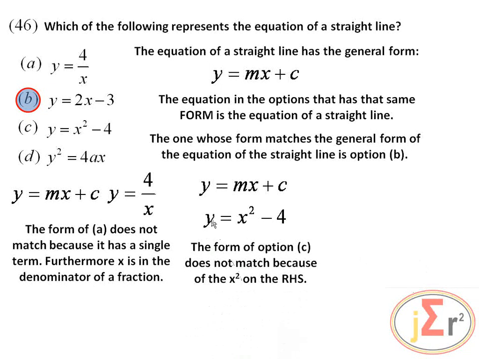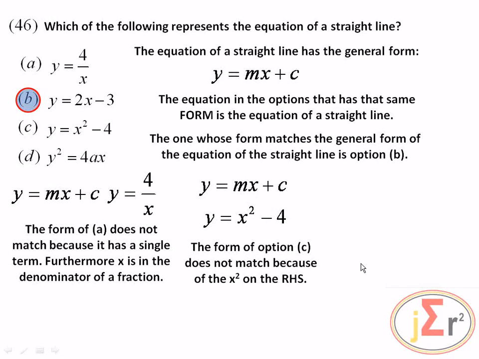Now we are comparing the general form with the equation in option C. The form of option C does not match because of the x squared on the right hand side. Whereas we have m times x, on this right hand side we have x squared.